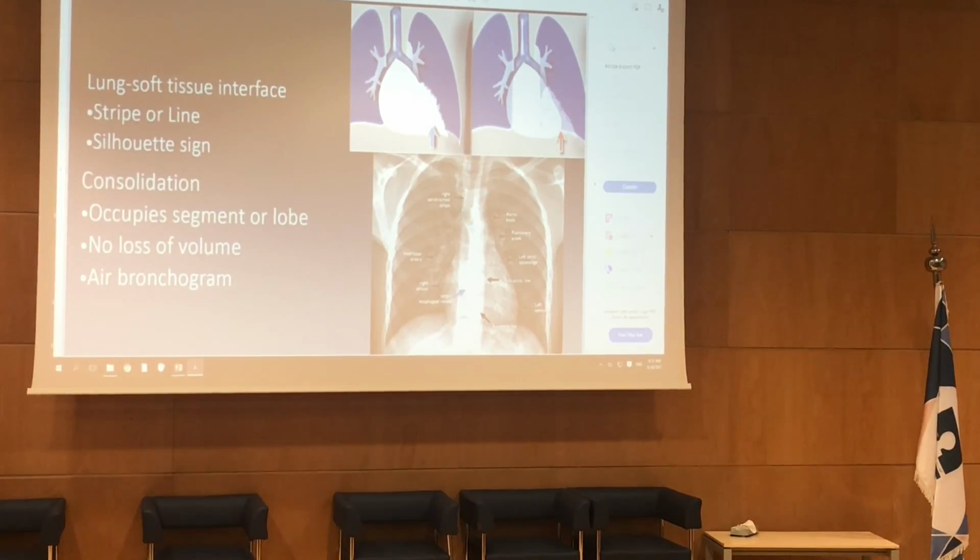So when I have a pneumonic consolidation such as this one, and I don't see the margin of the heart, this means it's lingula, right? When I don't see it, it's lingula. When I see it, then I know it's left lower lobe. Okay, and obviously at the end of the day, you're going to treat the patient the same. It's all pneumonia. But if it's a mass, then it's a different story, right?